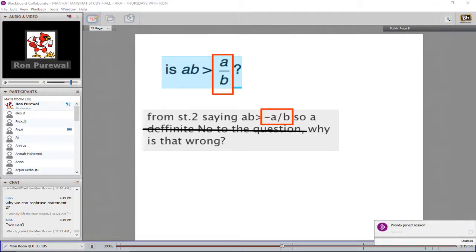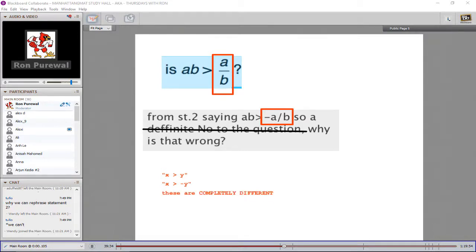I don't know where you're getting the idea that it is, but if this is not clear, then what you should do is just mess around with specific numbers at home. Just don't worry about these fractional expressions, but this and this are completely different things. It's possible for either one of these to be true while the other one is false.